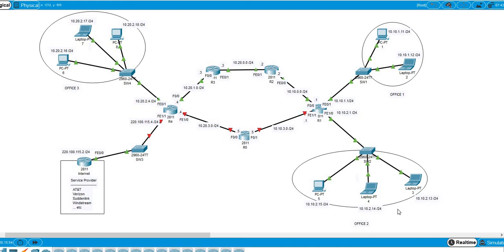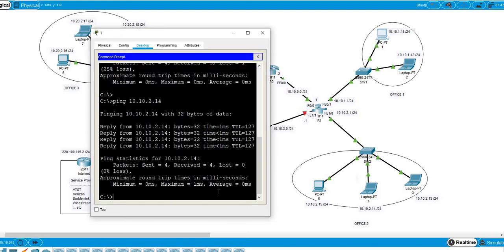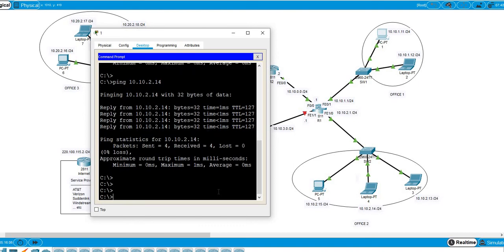Okay, now let's verify which route the traffic took. The command for that is trace route. Let's trace route to 10.10.2.14. We're going to trace the traffic and see which path it has taken to reach laptop 4 over in Office 2.